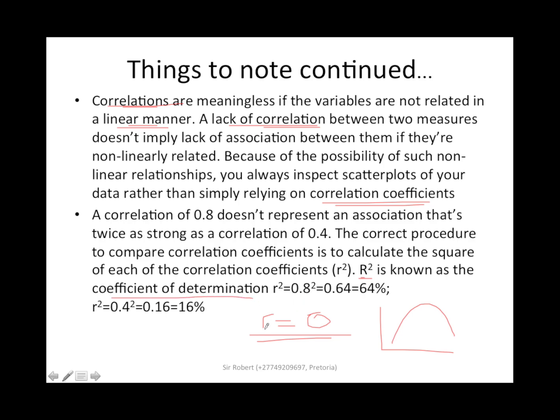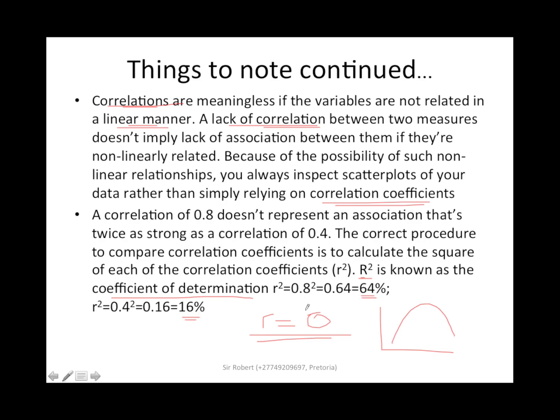So if you want to compare two correlation coefficients, you must calculate the coefficient of determination, which means R squared is equal to 0.8 squared, which is 0.64, or 64%. So R squared for 0.4 squared is equal to 0.16, which is 16%.